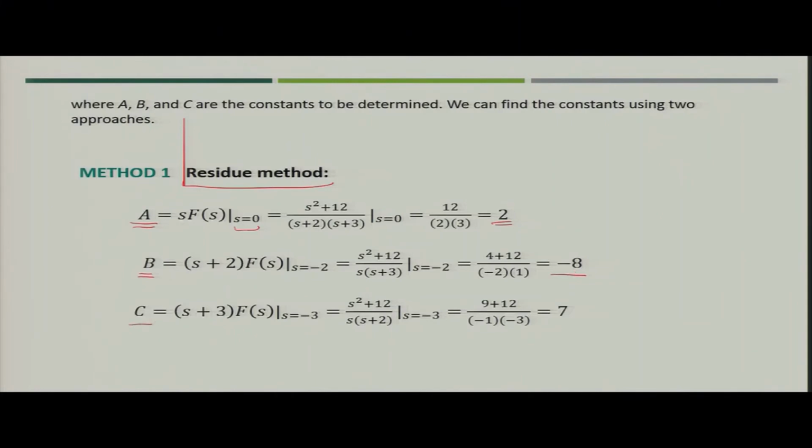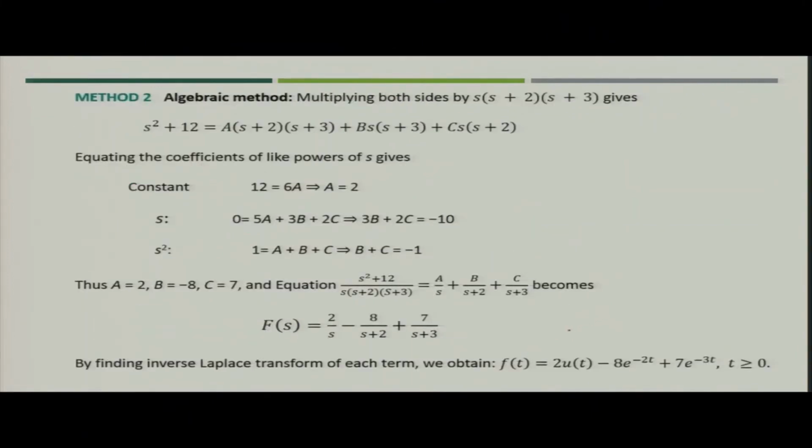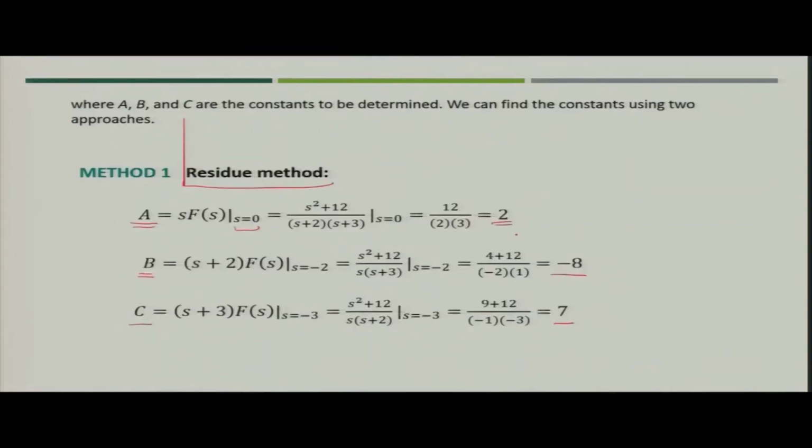Similarly, for C, we multiply the Laplace transform by s plus 3 and find out the value of the complete expression at s is equal to minus 3, and when we simplify we get the value of C as 7. So, with this you can easily find out the inverse Laplace transform.